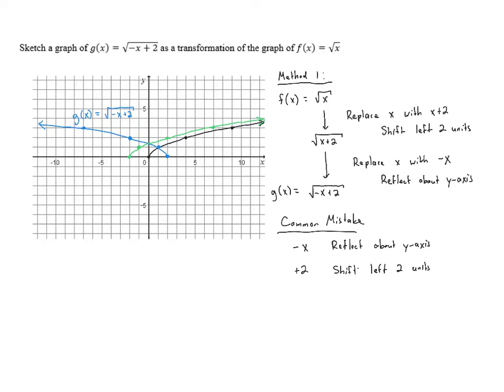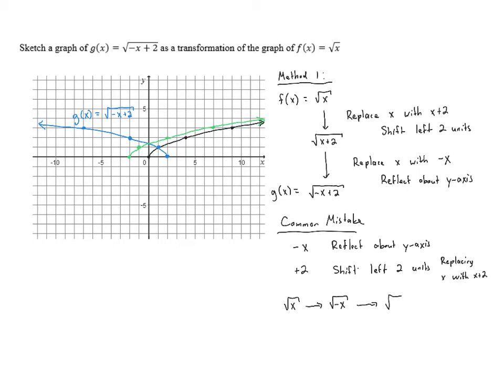Well, if you go through things more carefully, using the steps that we've been using, if you start off with the original function, the square root of x, and you change x to the opposite of x, and then if we want to shift it to the left 2 units from there, remember the way that we do this is by replacing x with x plus 2.